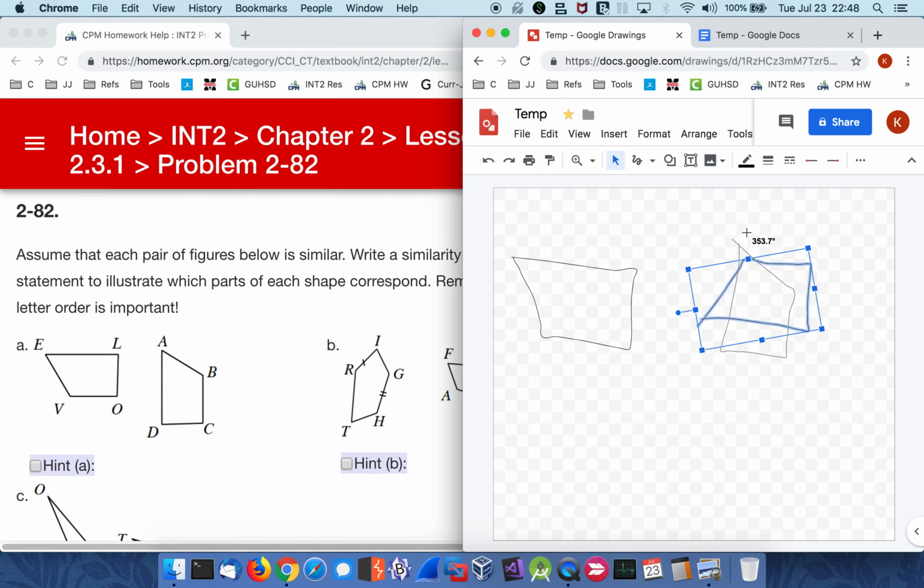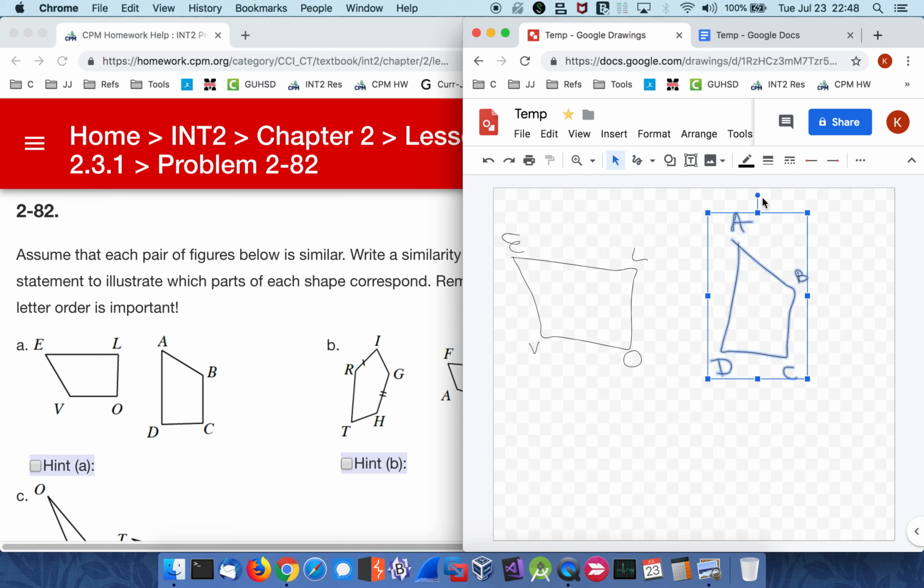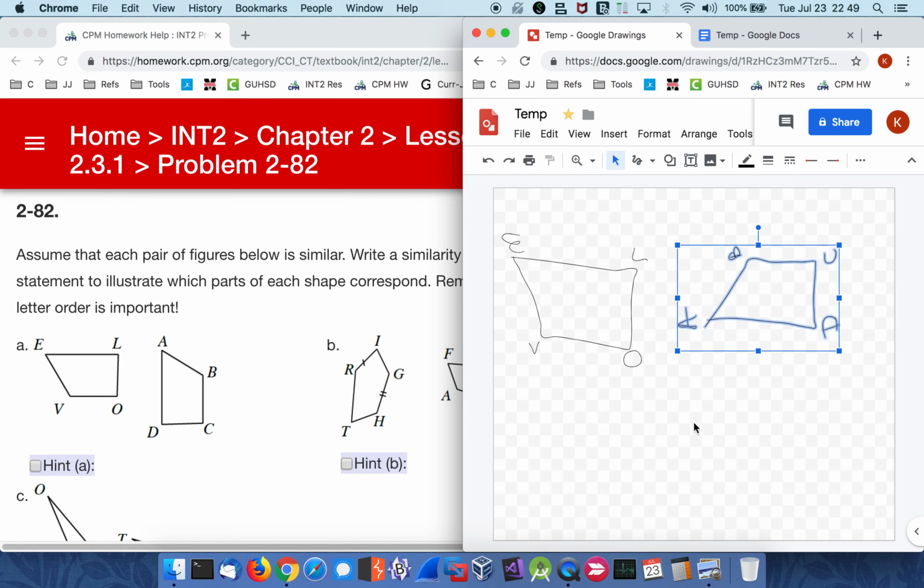So one way I could do this is I could actually just try and label them. So let's say this is E, L, O, V, right? And then I could label this one A, B, C, and D. And then if I rotate them together, you'll see, well, that's not right.